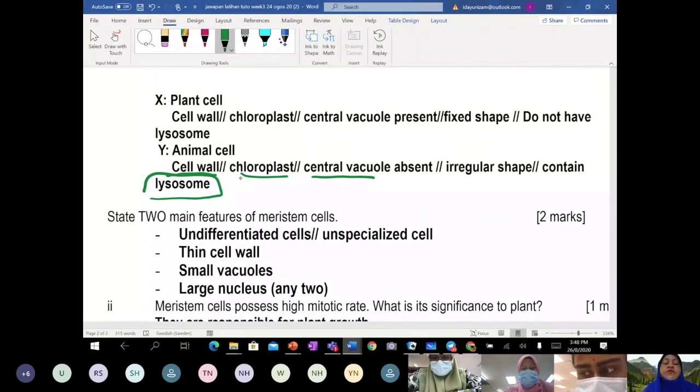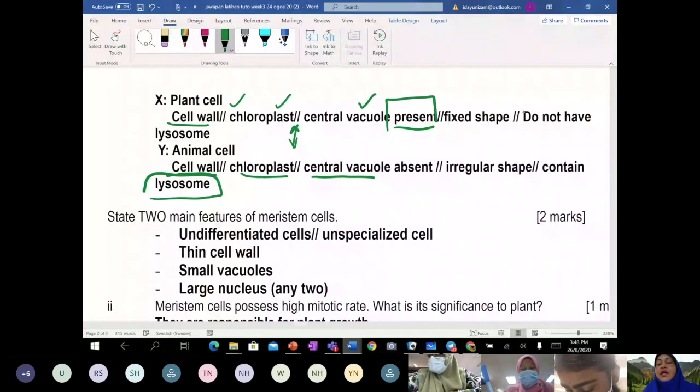Lysosome. So vice versa, plant cell has cell wall, chloroplast, central vacuole, but does not have lysosome. Easy for you to understand that.